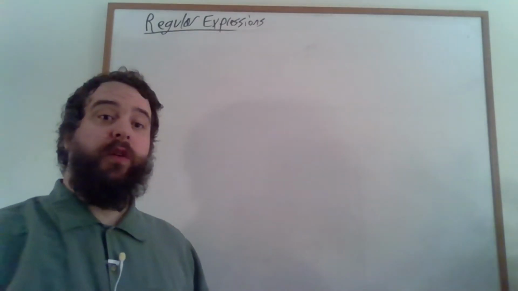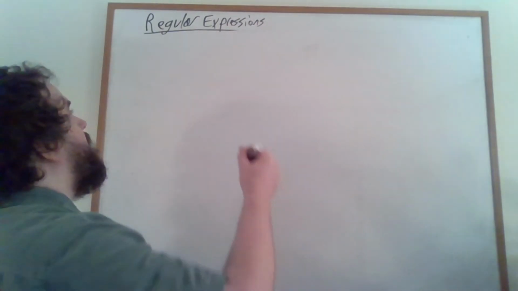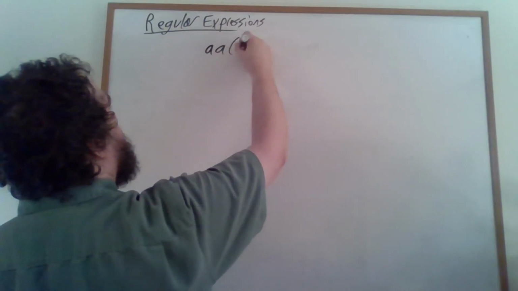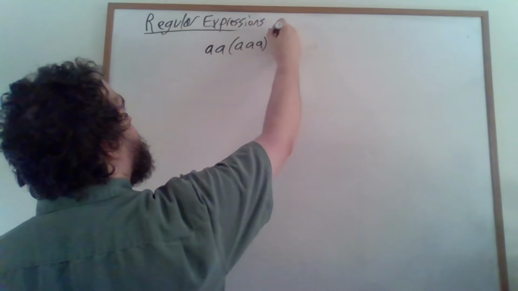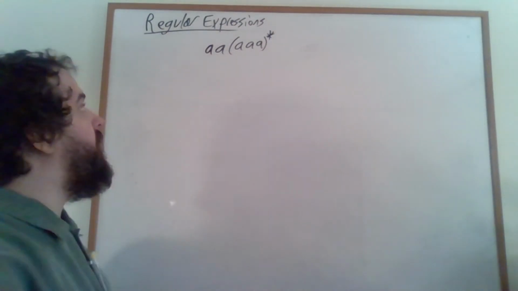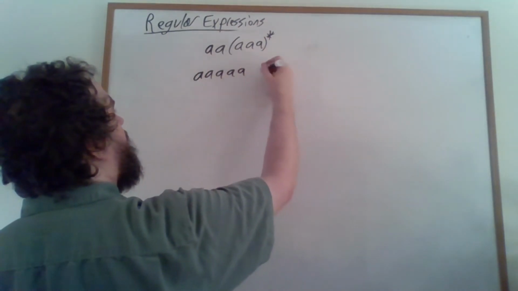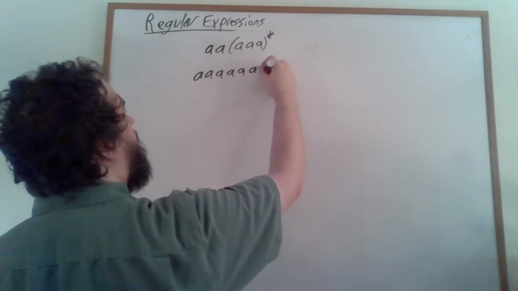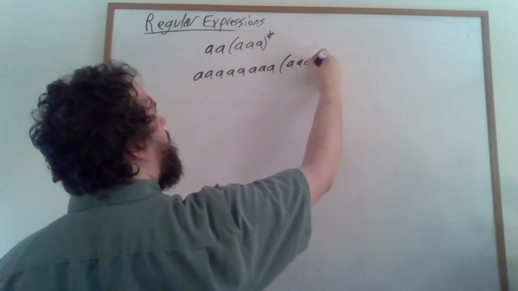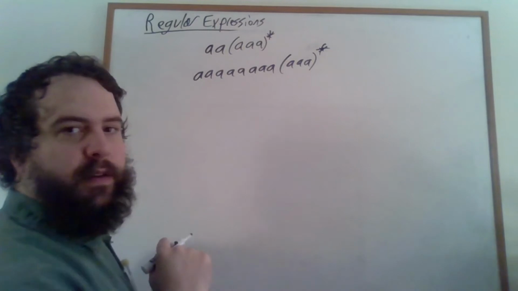For instance, one of the questions we might ask is, what can we do with just one letter? Well, we could have, for instance, the language of words that have a number of a's that is congruent to 2 mod 3, but is at least 8, right?